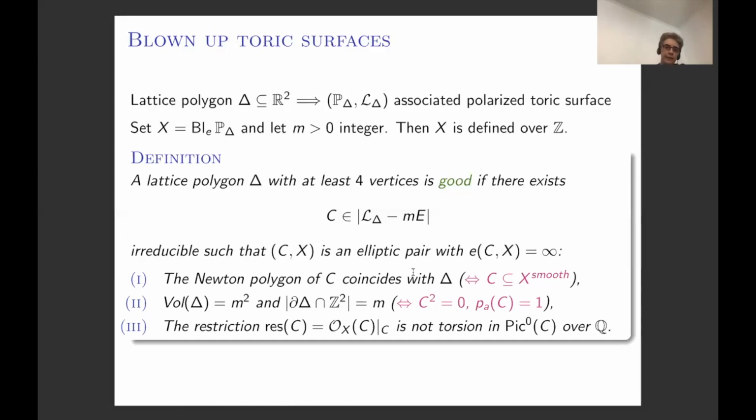And then we impose that this is an elliptic pair of infinite order. So C restricted to C is not a torsion element in Pic 0 of C, in the Mordell-Weil group of Q points of this curve.